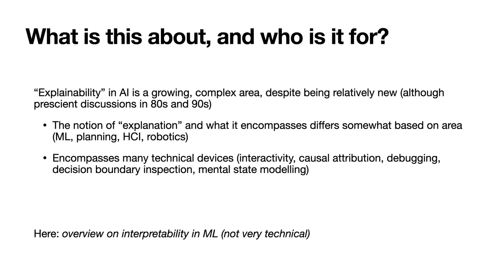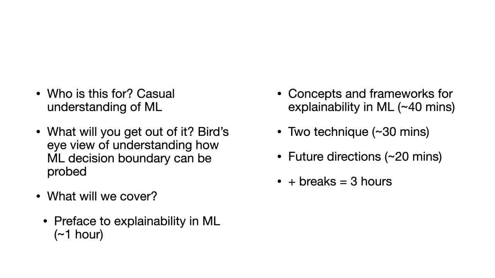And again, the notion of explanations differs somewhat depending on the area you're from, and correspondingly, it includes different technical devices from interactivity to causal attribution to debugging, to decision boundary inspection and mental state modeling. Okay, so what we will focus on in this tutorial primarily is to consider an overview and interpretability in machine learning, and it's not very technical.